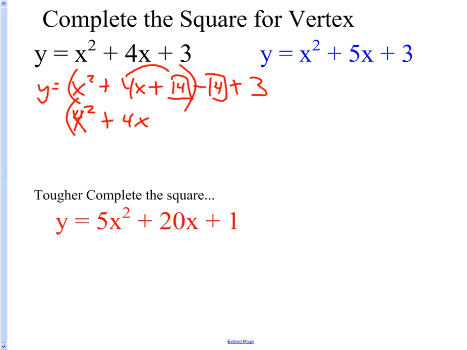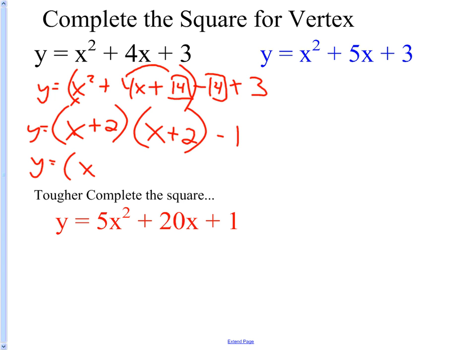And then I go x, and sure, that's 2 and 2, and plus, and then minus 1. And then I have y equals (x plus 2) squared minus 1. All right, now you try the blue one. Oh, wait, why did I do that? Because I wanted to know the vertex, which is (-2, -1).